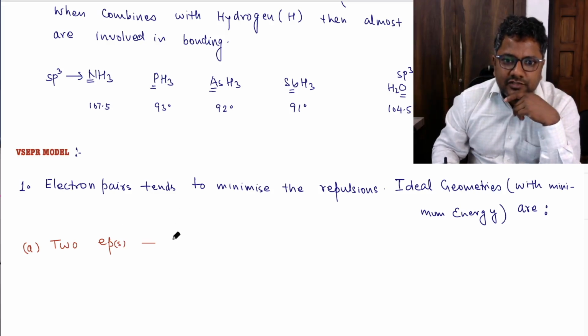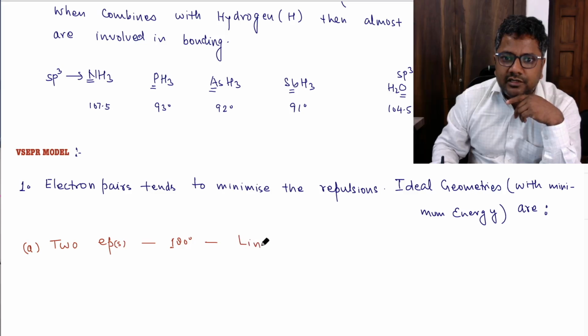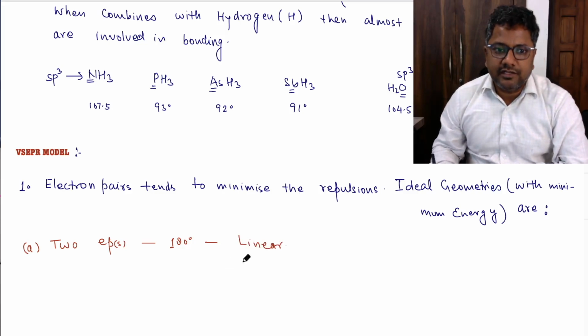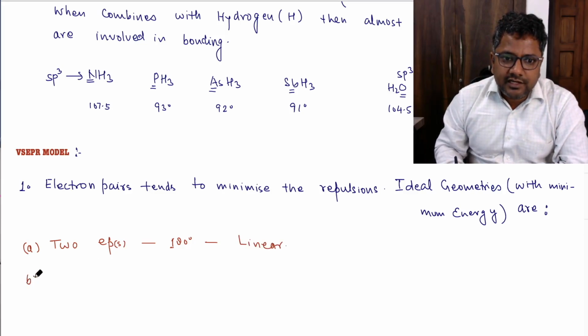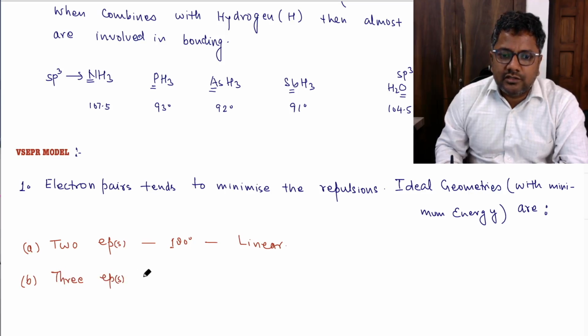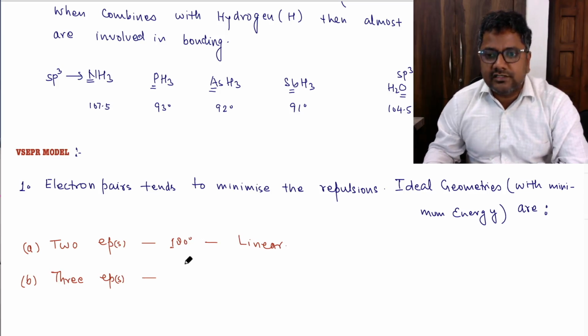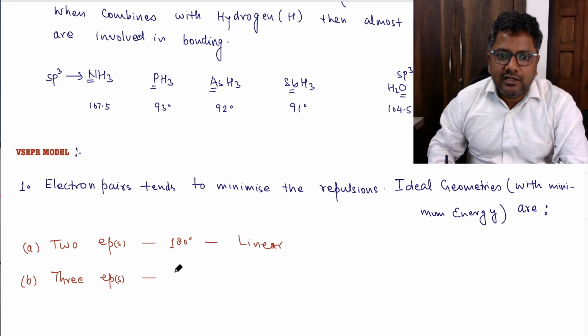That should be 180 degrees, and therefore the geometry is linear, right? Second case, three electron pairs. In three electron pairs, what should be the maximum distance, or minimum repulsion orientation? You can say 120 degrees.